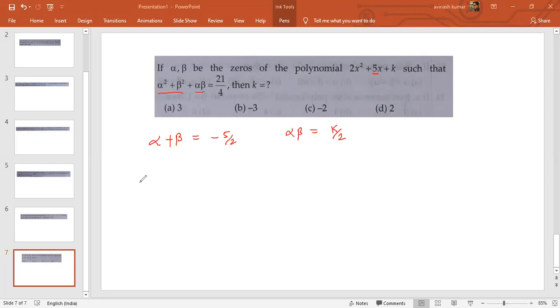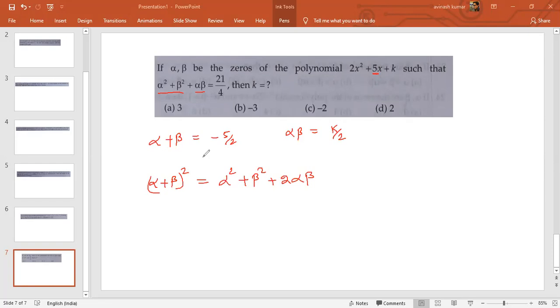So you know very well alpha plus beta ka whole square, if you want to write it down, you need to write down here alpha square plus beta square plus 2 alpha beta. Any problem? No sir.